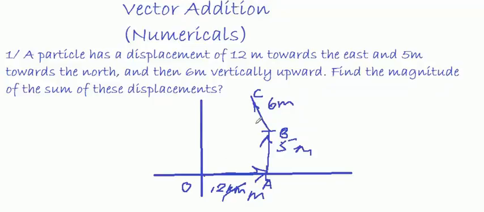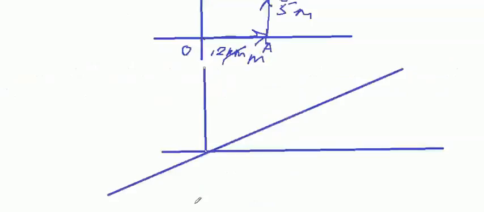Now I think I will show this in 3 dimensions. That will be better. So I have shown the 3 axes. Our origin is here. The point starts from O. So our object is at O. It moves 12 meters due east, then 5 meters due north.